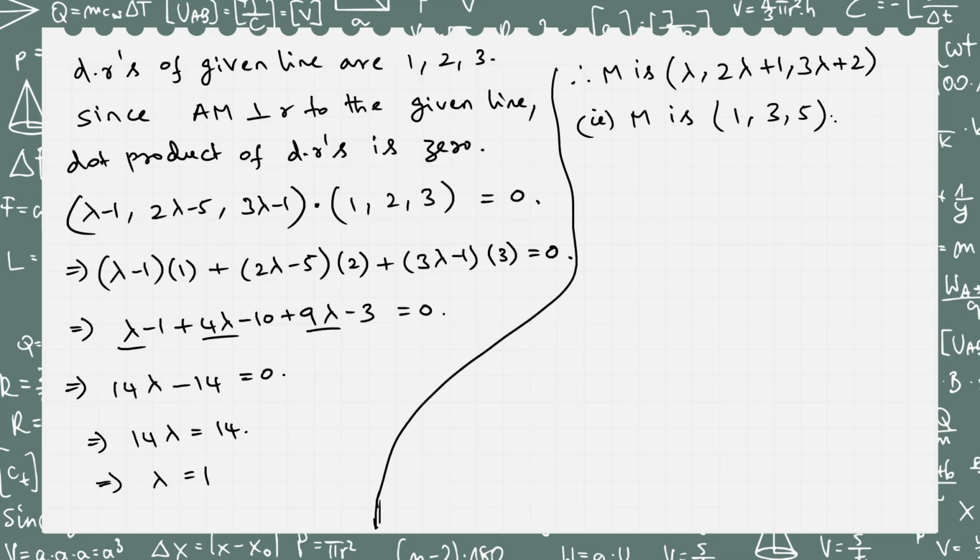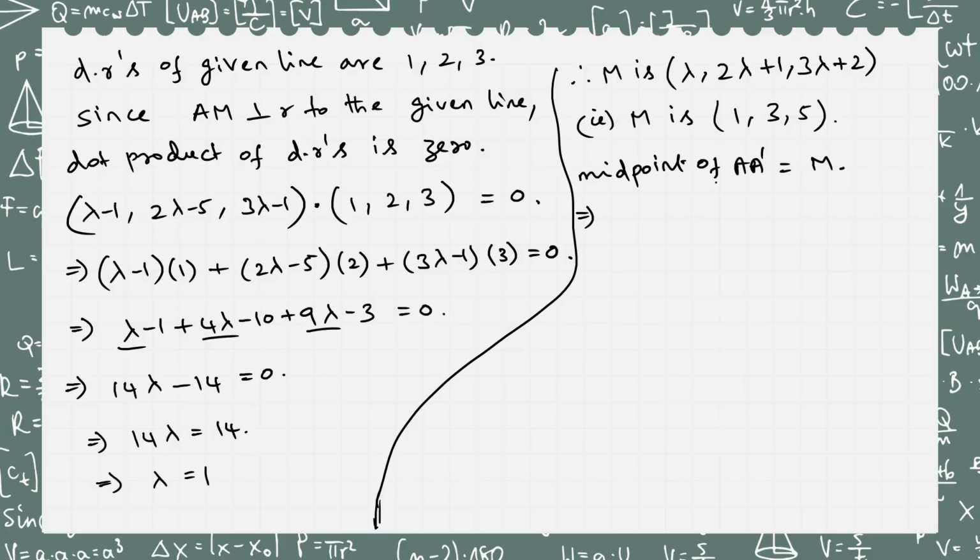So M's coordinates are 1, 3, 5 now. But as I told you, AA' is perpendicular to the line as well as M is the midpoint of AA'. So the midpoint of A' equals M.